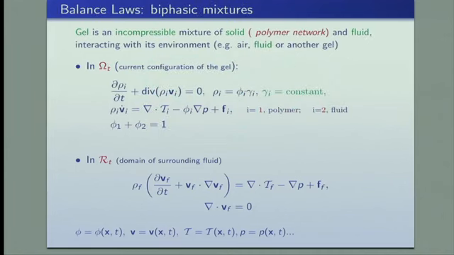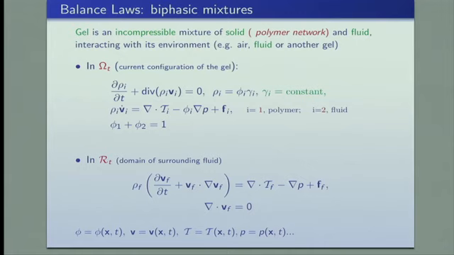So first of all, the hypothesis is that the gel is an incompressible mixture of solid and fluid interacting with its environment. Now, what does incompressibility mean in this case? Incompressibility means that the fluid by itself and the solid, the elastic material by itself, are incompressible.